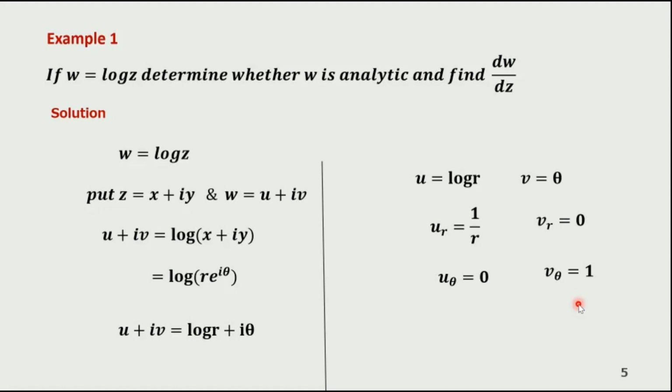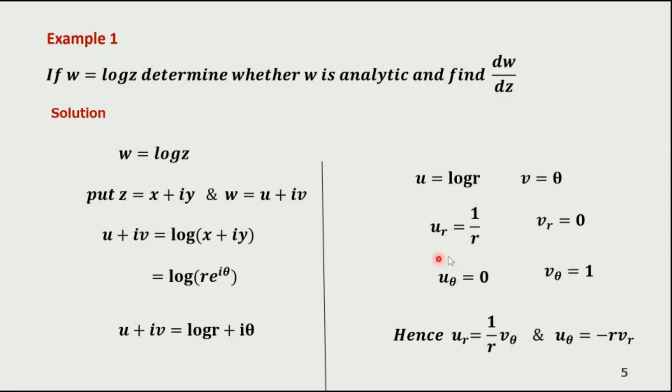Now, what are the CR equations? u r is equal to 1 by r v theta, and u theta is equal to minus r v r. That has to be checked, whether these CR equations are true. So u r should be equal to 1 by r v theta.